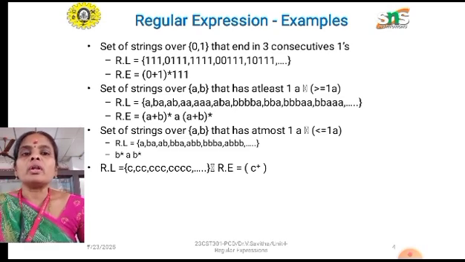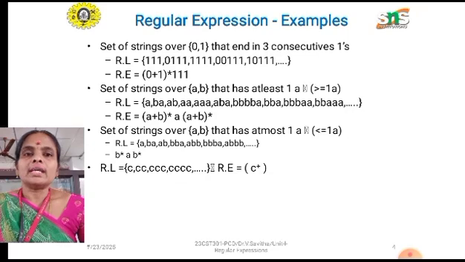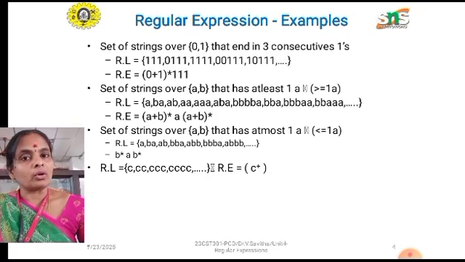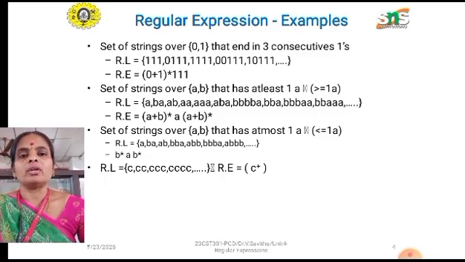So when we look into the possible input strings, the pattern to be matched is taken as 0 union 1, which is taken with the iteration and followed by 3 ones. So 0 or 1 may occur 0 or more times, but the 1 1 1 pattern must be matched in all the input strings. So this gives you two properties of what we have defined in the regular expression.